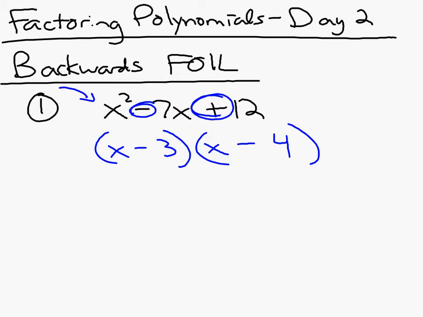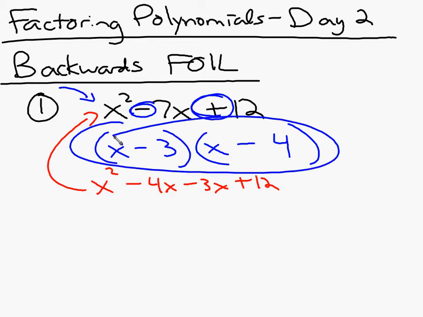But we'll just write it out here. x squared minus 4x minus 3x plus 12. Doesn't that make this? Right? So we have factored it. And I think it's much quicker to use backwards FOIL in that situation. All right? So this right here is my answer.